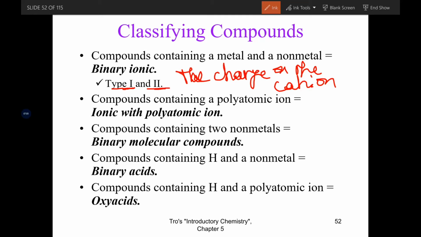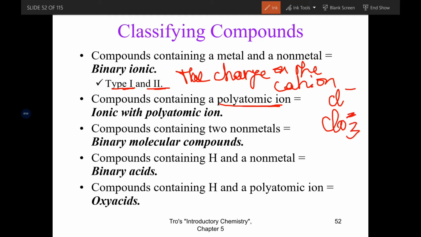Then also, whether it's type 1 or type 2, it does not have to contain a monoatomic anion. It could be a polyatomic ion as well, and that's okay. So we can apply the same rule whether we have something like chloride, a monoatomic ion, or if we have chlorate, a polyatomic ion.